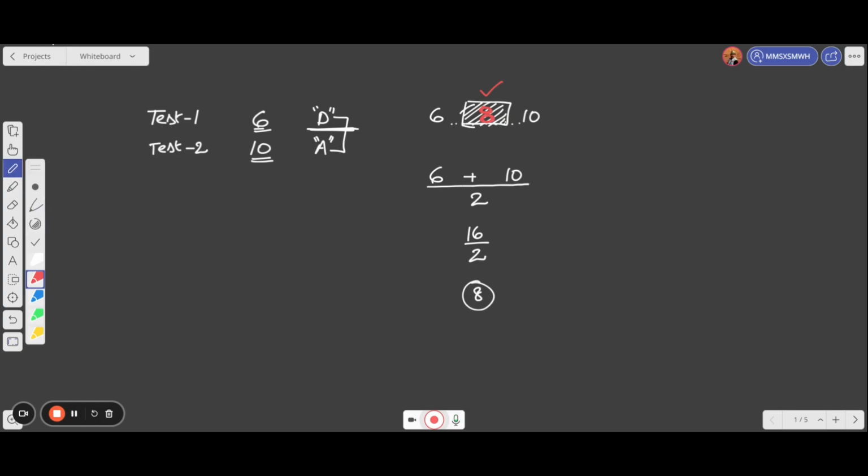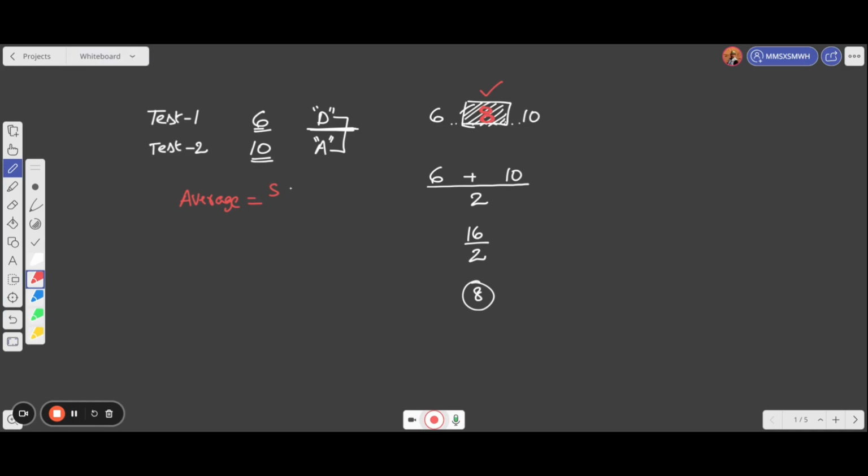So what rule works here for finding average, we are using sum of quantities. That means we are given two quantities. Those are 6 and 10.